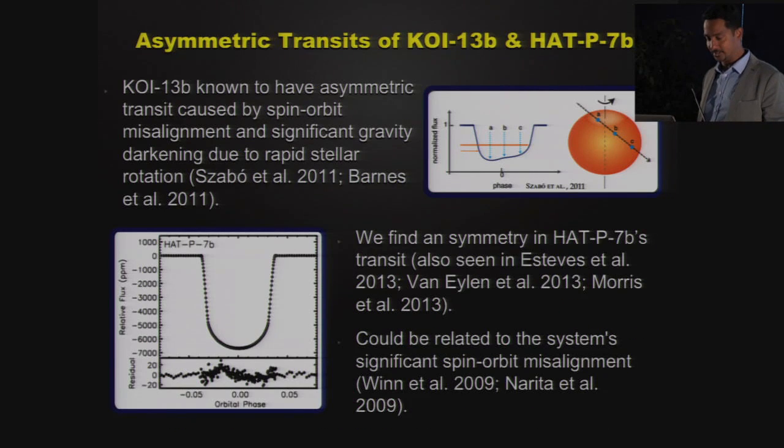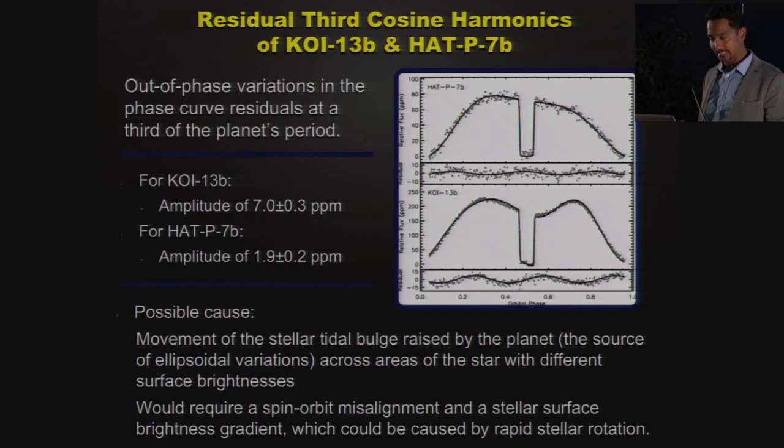There are a number of other interesting things we see in the sample. 2 of these planets are known to have asymmetric transits, KOI13b and HAT-P7b. This may well be because of significant misalignments between the stellar spin and the orbits of these planets. For these same two planets, we see significant out-of-phase variations.